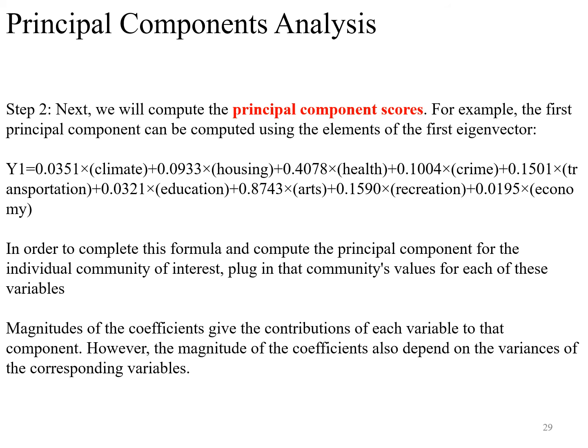Okay, and that would be done for each observation. So for each community, you would plug in that community's values for climate, housing, health, crime, etc., and multiply it by the coefficient. Of course, programs are going to do this for you. You won't have to actually compute principal component scores by hand.